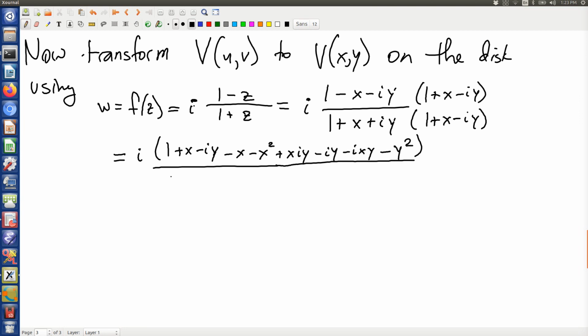And the denominator: 1 plus x squared, and minus ixy, and plus iy, and a plus ixy, and a plus y squared. Okay.